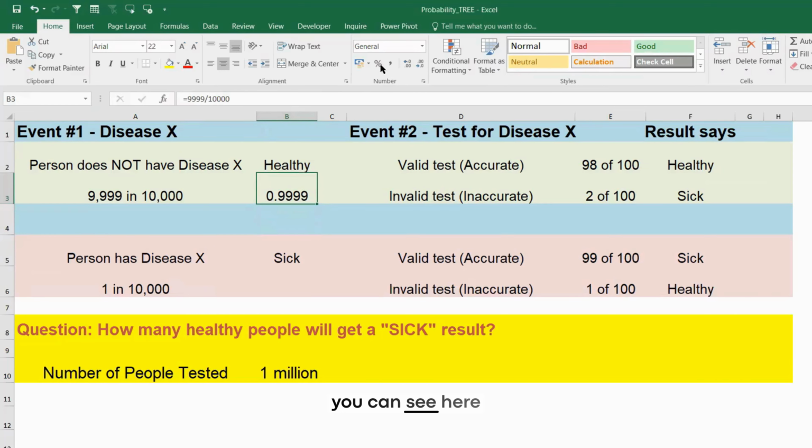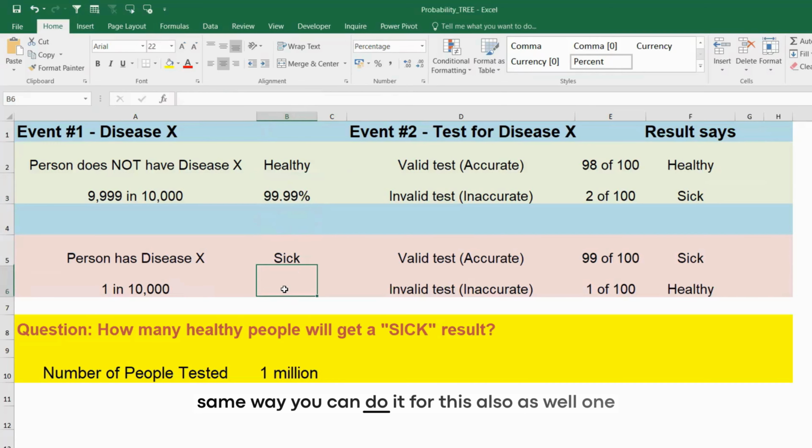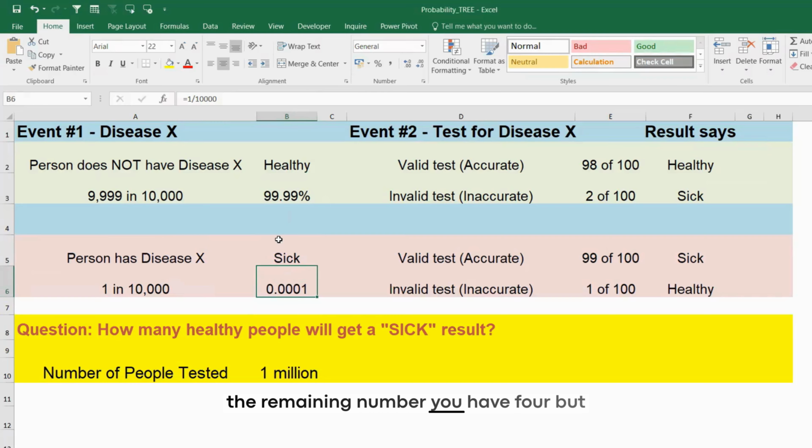So you can see here 99.99. Okay. But when it goes to a test, it is slightly different. And again, the same way you can do it for this also. 1 in 10,000. And the remaining number you have for sick, right?